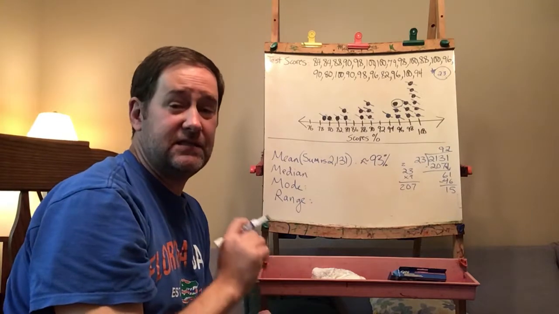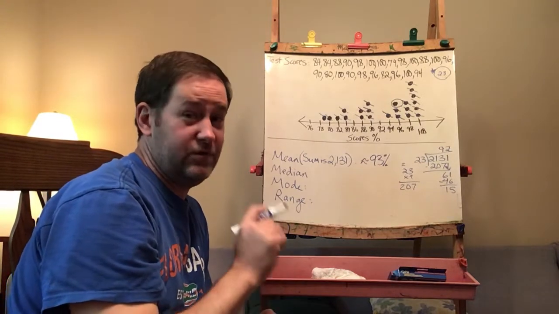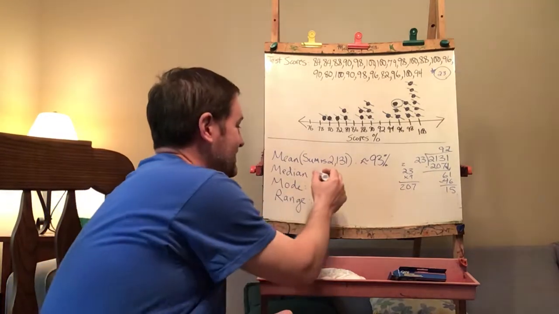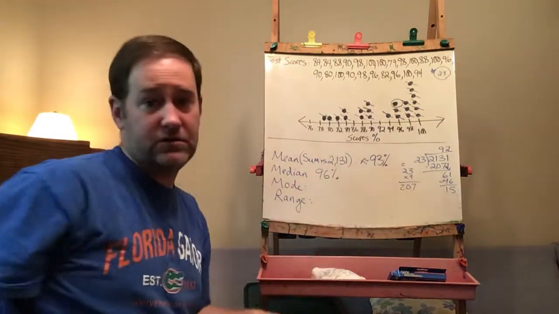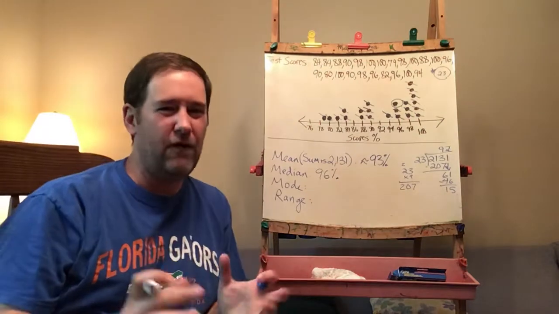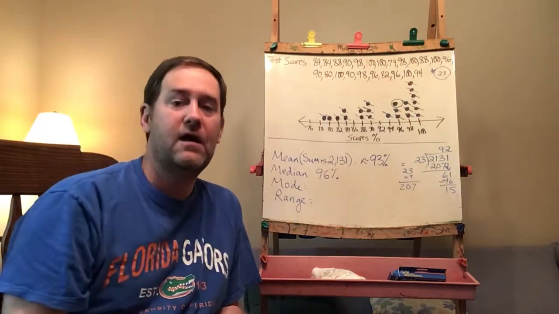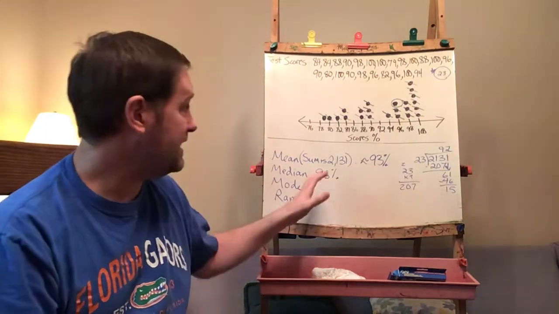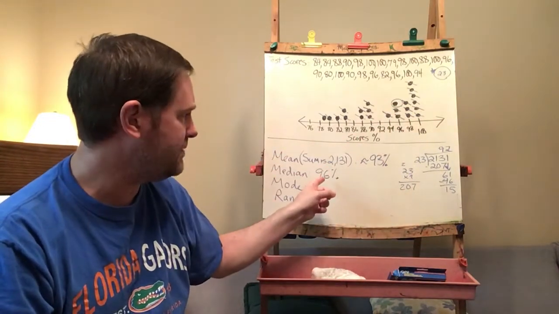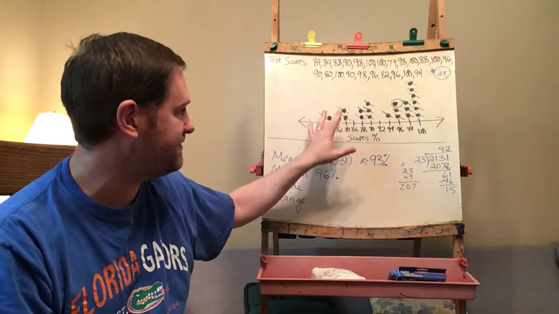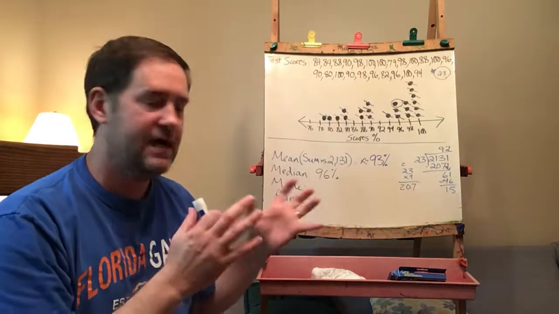The median, the typical score, which is also outstanding for this class, was a 96%. Those are 2 different measures of center that are not too far off, but they do show you they're a little different. You can see that a lot of the data was clustered up here in the high end. That's probably why the median's here, whereas the mean was affected by these lower scores and brought down a little bit.